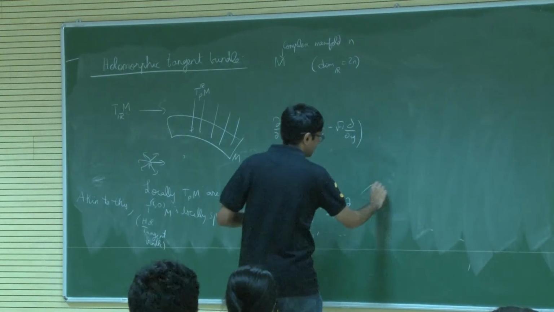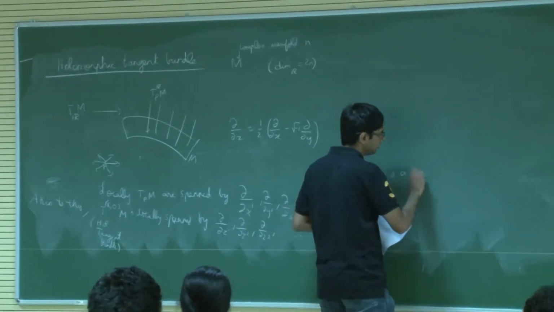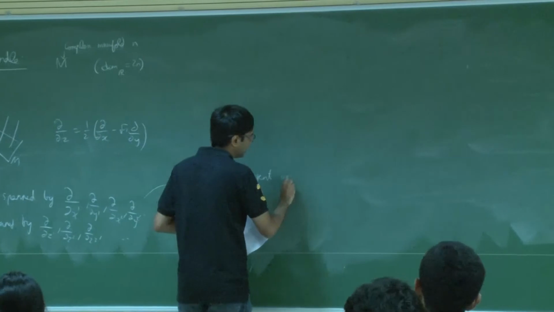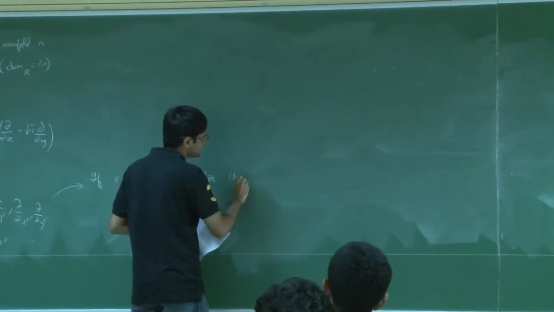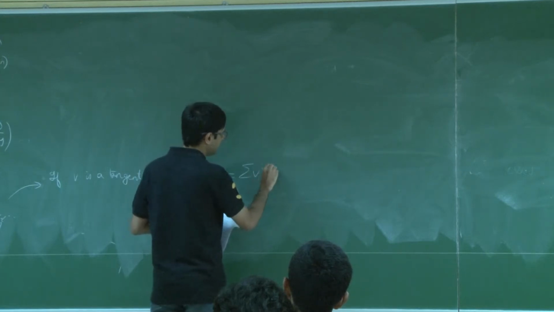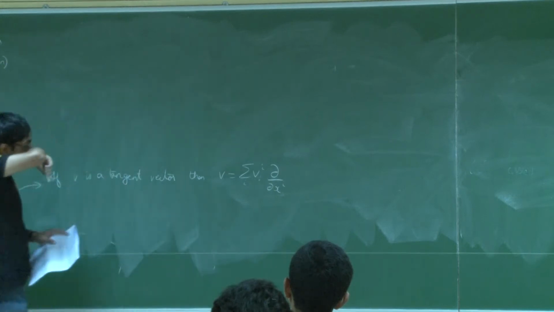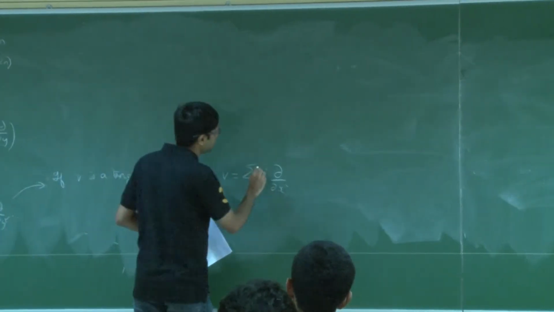So in other words, if V is a tangent vector, then V is locally V^i ∂/∂x^i, where the V^i's are real numbers, right?